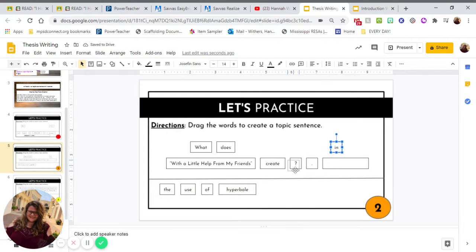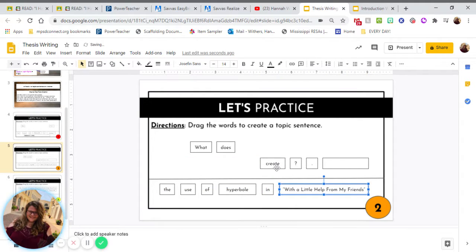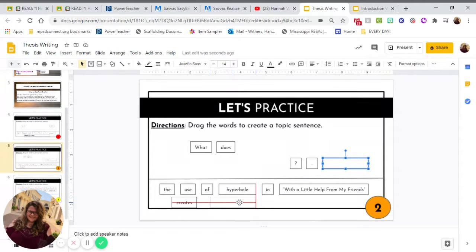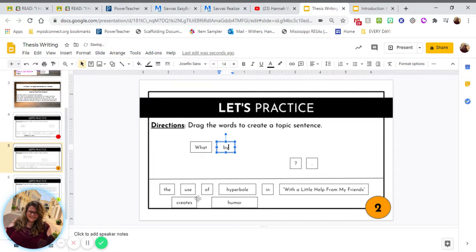Hyperbole with a little help from my friends, creates, gotta make that, creates humor is what it creates. And then we need by, right, our connecting word.